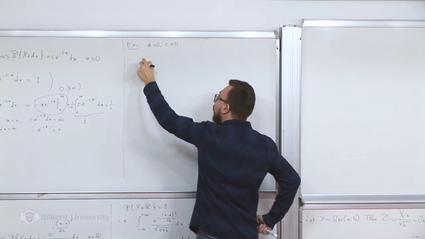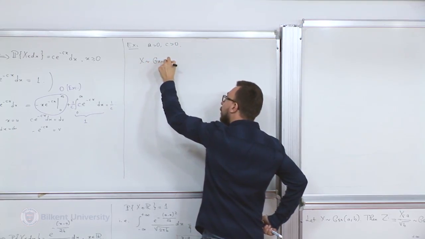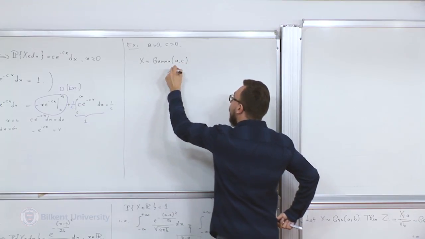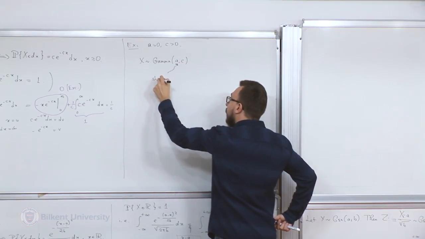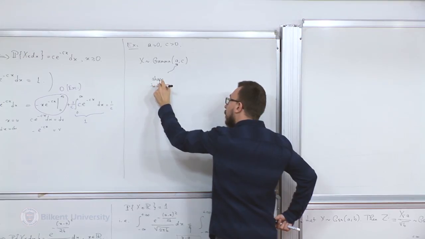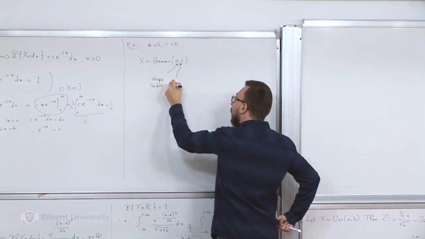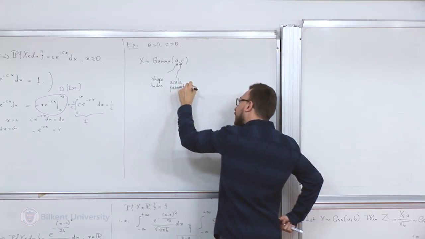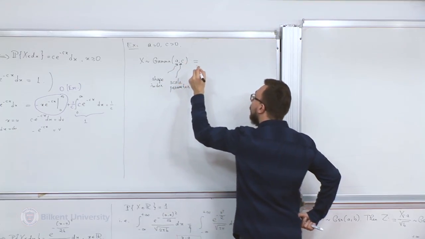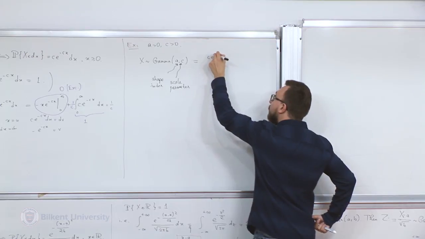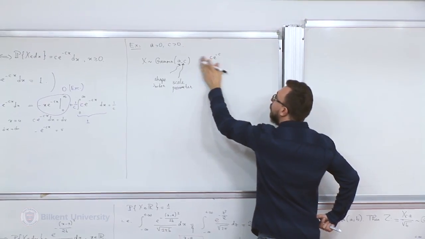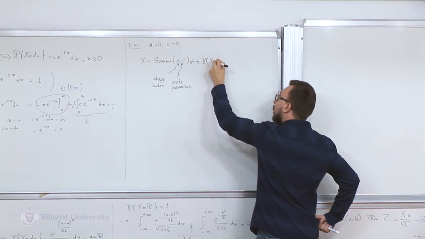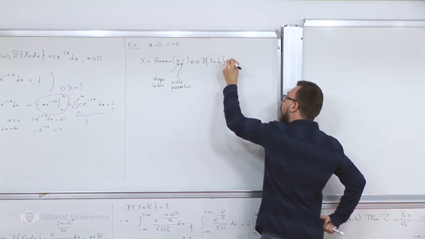We say x has the gamma distribution with parameters a and c. This a is called the shape index, and c is called the scale parameter. The c part is really coming from the exponential. So this starts like an exponential.